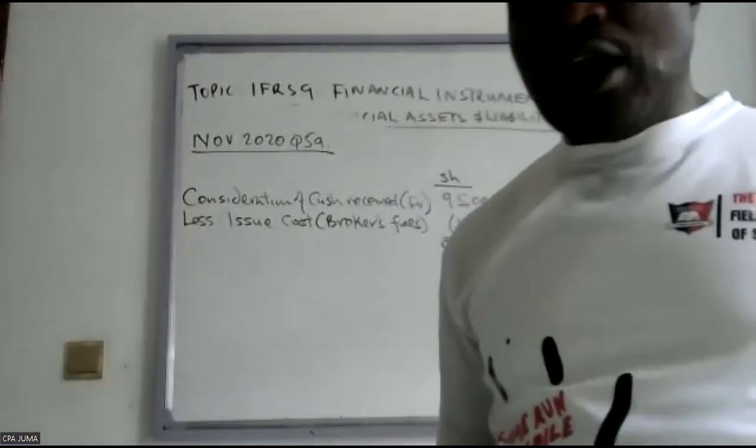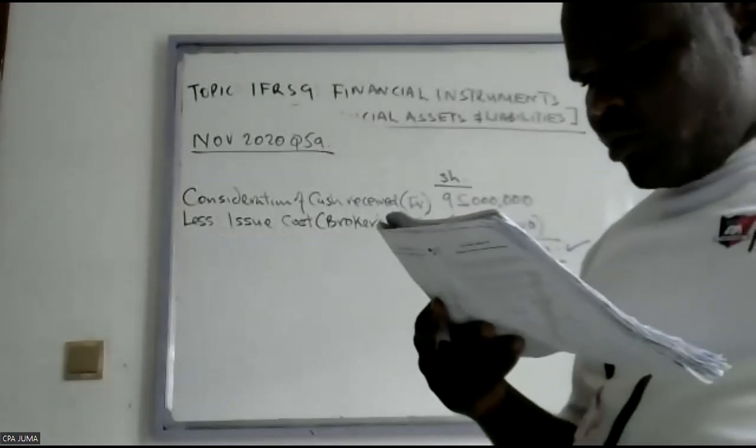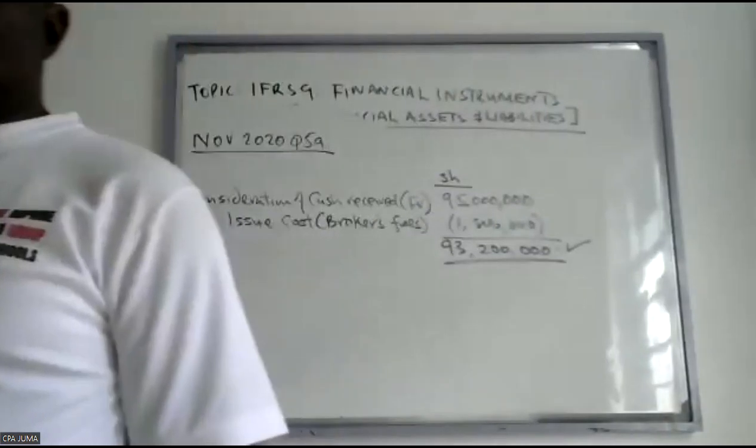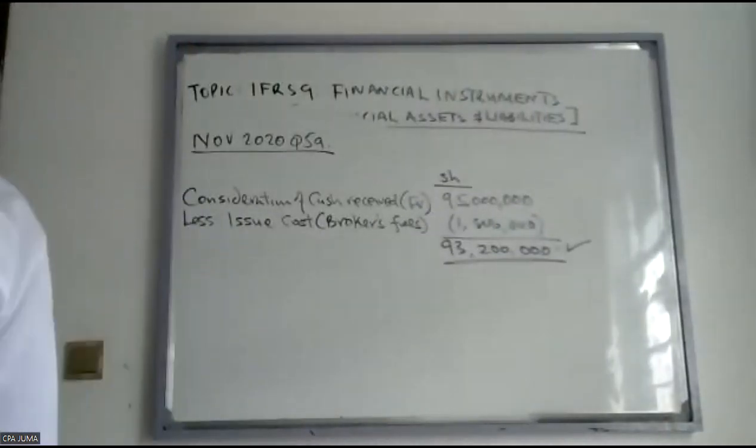So they said the broker's fees of 1.8 were deducted from the carrying amount of the non-current liability. That is what they have said.